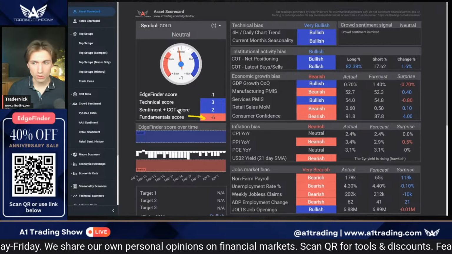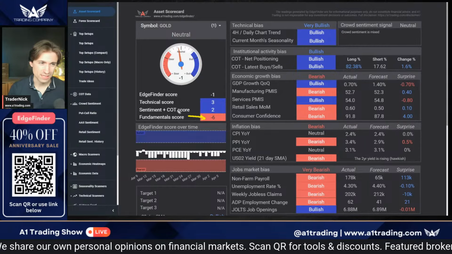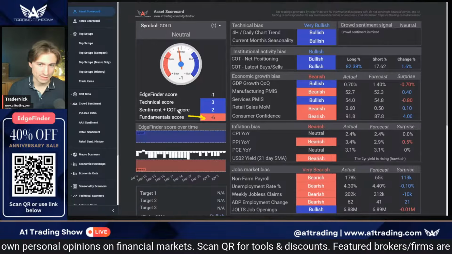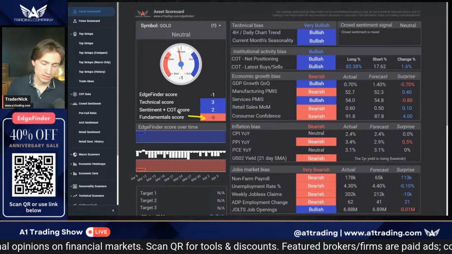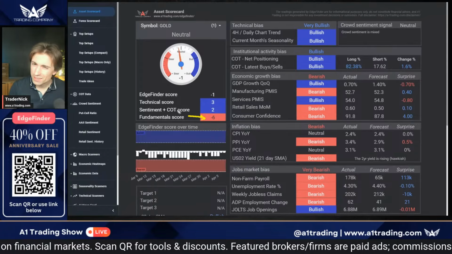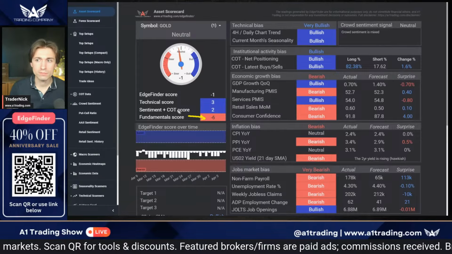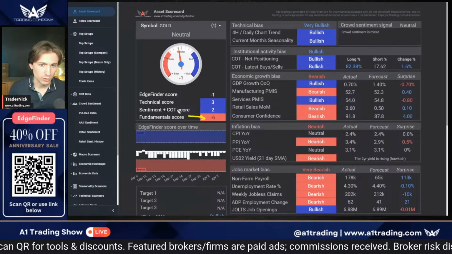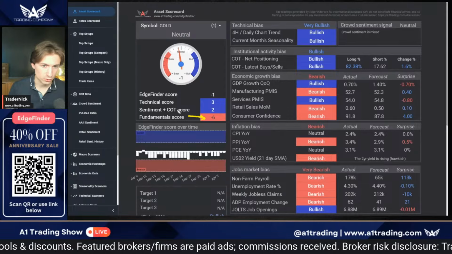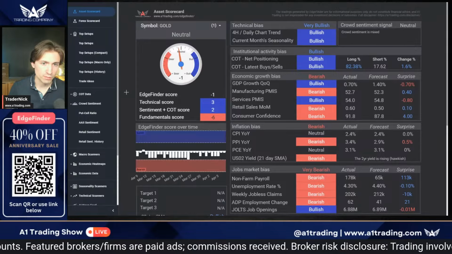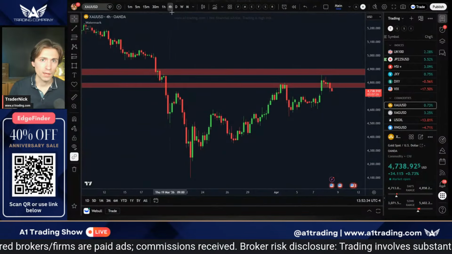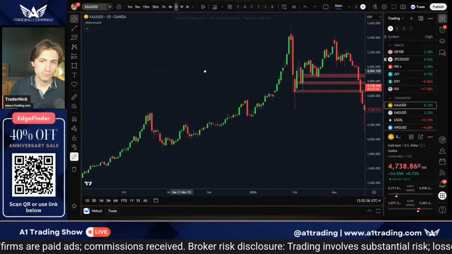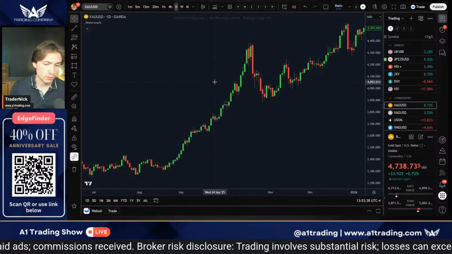Jobs data has been strong, inflation's been sticky, probably is going to stay sticky for a little while, rate cuts getting priced out. That story doesn't go away even with a ceasefire. So gold, yes, it had a bump, but I don't know that there's a lot of follow through right now. Maybe I'm wrong. Maybe it rips from here. I just don't see the same. It's a different chart than it was in 2024 and 2025.